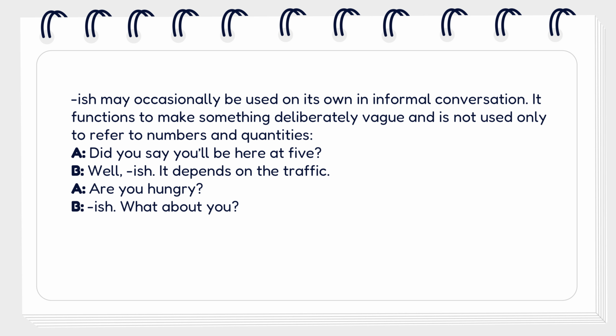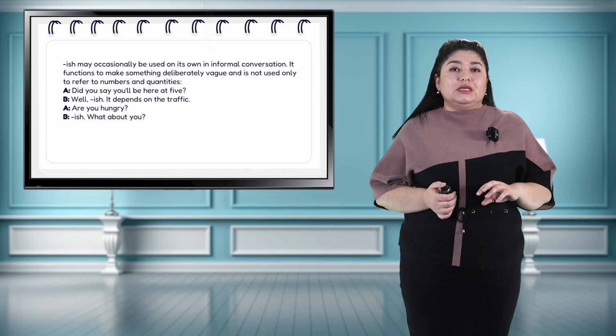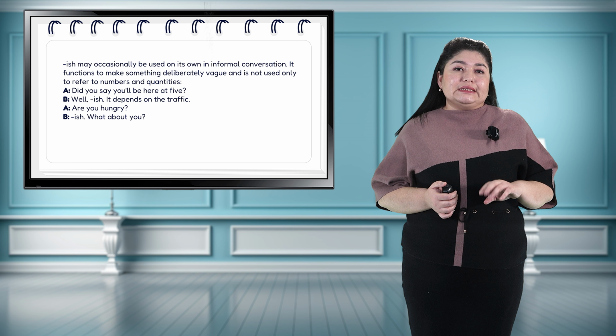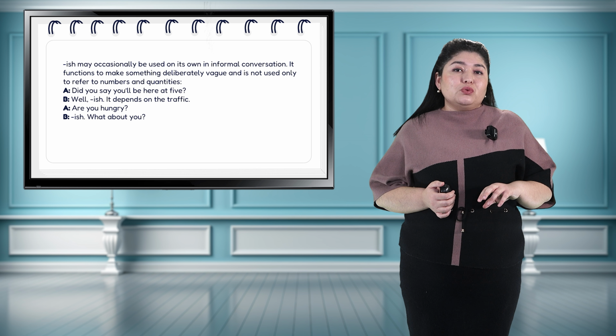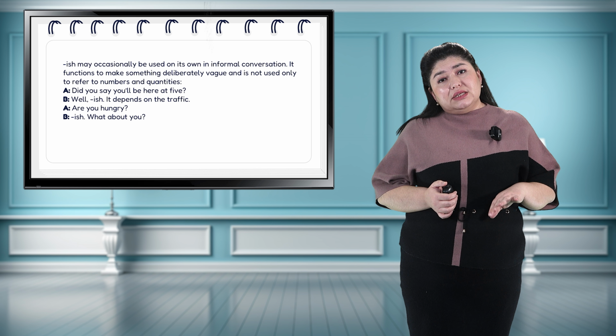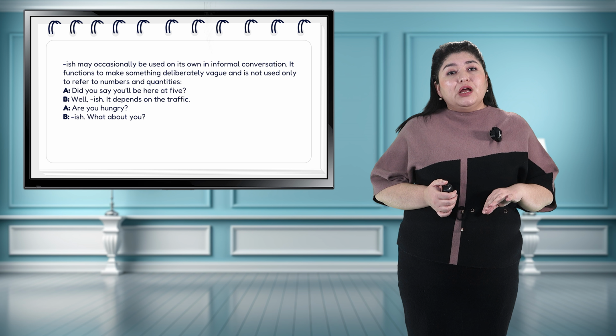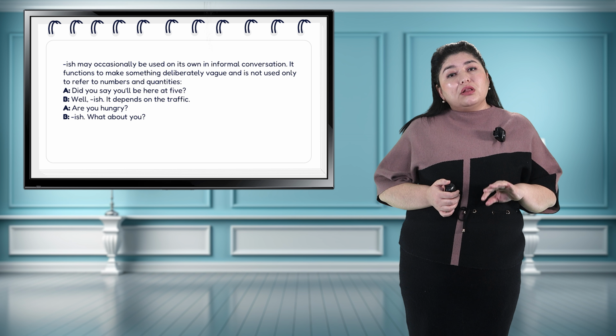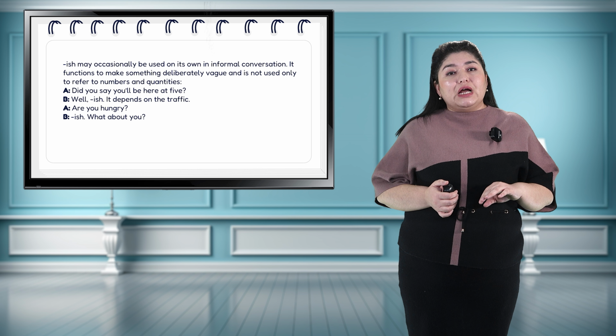Though not as frequent as ish, the y suffix functions in similar ways in informal contexts. It's especially used with colors, bluey, or she is trying to decide what to wear. But I mean, I love the color and the short turn-up sleeves.